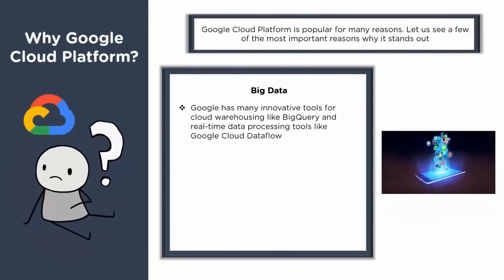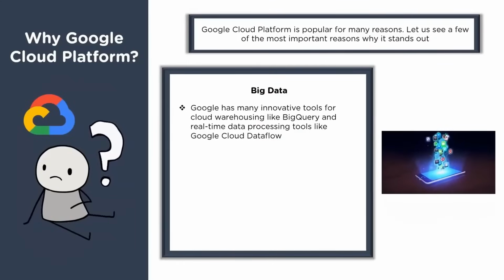Now, when we talk about big data, it is data which is very complex and has a lot of characteristics such as volume, velocity, variety, veracity, validity, volatility, virality, and so on.